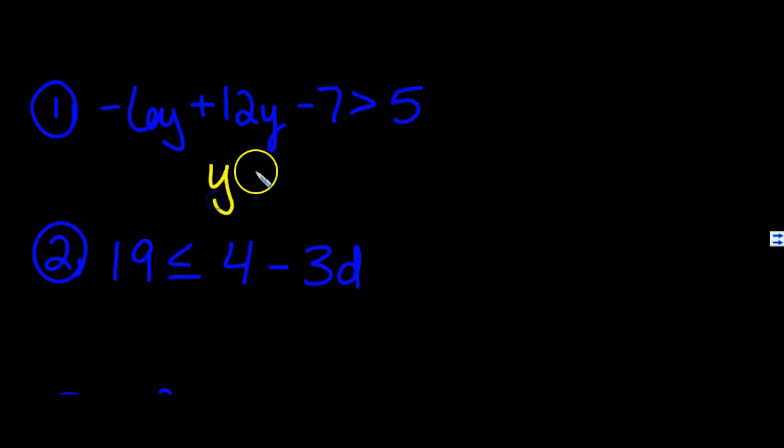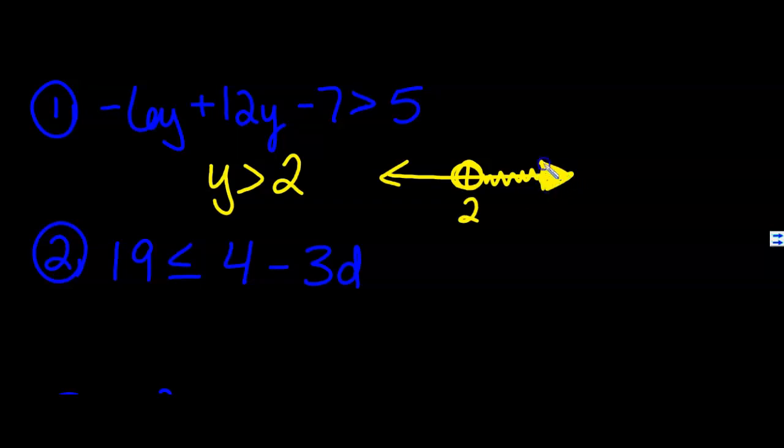Number 1, the correct response is y is greater than 2. The correct graph has an open circle at 2 and is heading to the right. So any values greater than 2. Number 2, the correct response is D is less than or equal to negative 5.